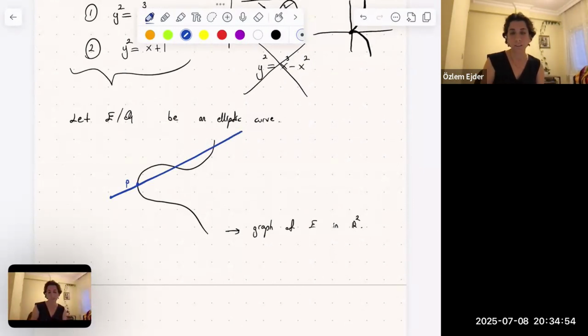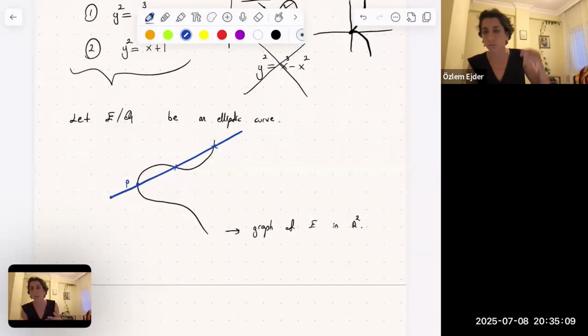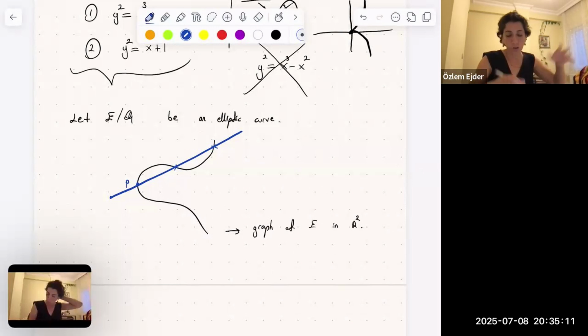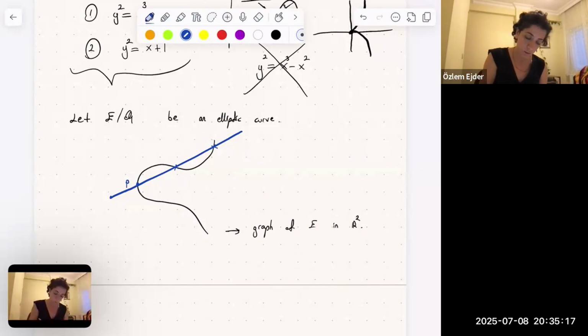And I see that this line, not like before, intersects the curve at 2 other points. This is basically because we have a degree-3 polynomial, so you expect to get 3 solutions when you intersect a line. You're solving a degree 1 equation and a degree 3 equation, and you just expect to get 3 solutions. And as you see in this picture, you get them.